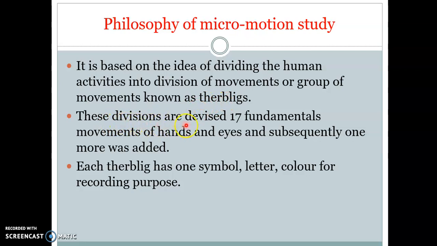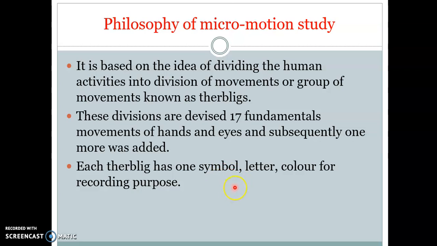These divisions were devised as 17 fundamental movements of hands and eyes, and subsequently one more was added. Each therblig has one symbol, letter, and color for recording purposes. Every therblig is represented by a symbol in which it has a definite color.